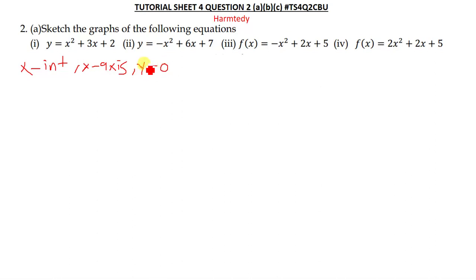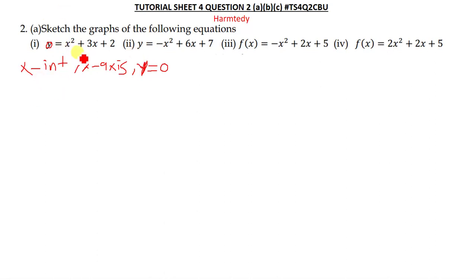Here we're just sketching, not drawing. If you've been told to draw, you make sure you draw a table of values and draw it nicely. But here we just need important points to sketch. So where there is y, we put 0 and then find the values of x.